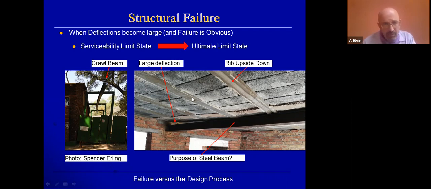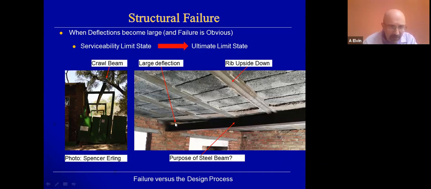As another example, here is a suspended slab made of ribbon block, which is very popularly used in this country and in fact all over the world. Besides the mistakes of putting the ribs the wrong way around, you have a huge sag in this structure, huge sag. This photo does not show the scary aspect of this deflection. And here too, the deflection is so high that the serviceability limit state is now on the ultimate limit state.